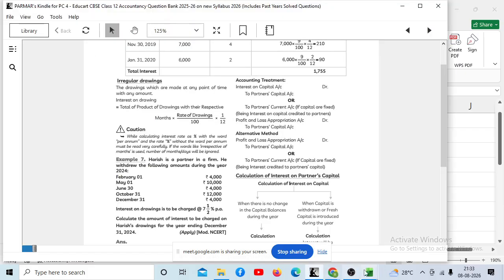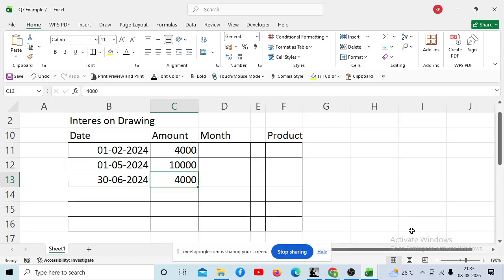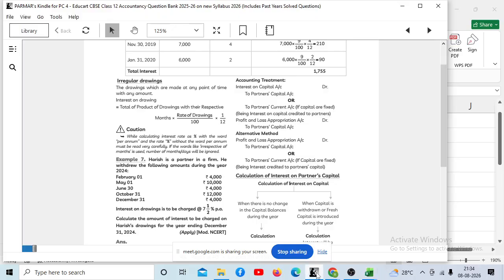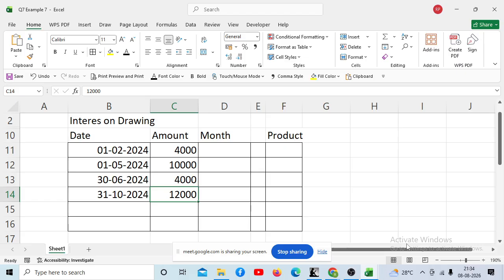Next is October 31 and the amount is 12,000. Next is December 31 and the amount is 4,000.